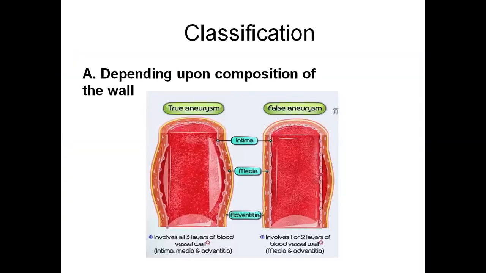Now let us come to the classification. We have classified aneurysm into many types based on different features. And the very first feature is the extent of vessel wall involvement.